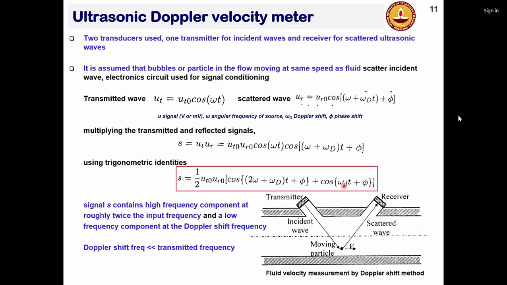That is a very good point. So what people do is they use neutrally buoyant particles, that means particles which have similar density as that of the fluid. So even if the flow velocity is very low, they won't settle down. And typically the particles have to be very small.